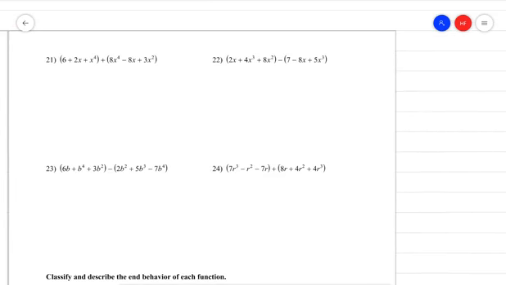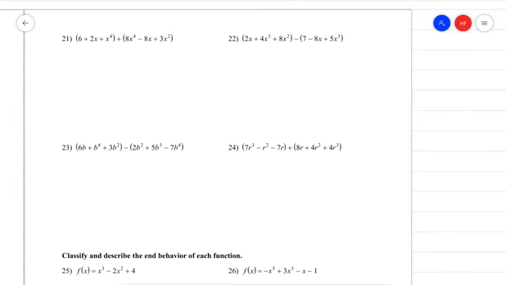Number 21 we'll do with addition. So we just drop the parentheses and combine like terms. So don't change any of the signs when it is addition. Combine like terms, we want the highest degree first. 8 plus 1 is 9 of those, so we have 9x to the 4th.